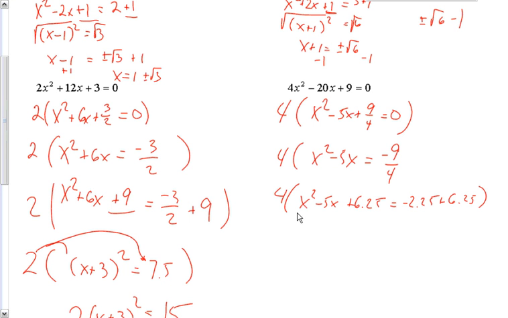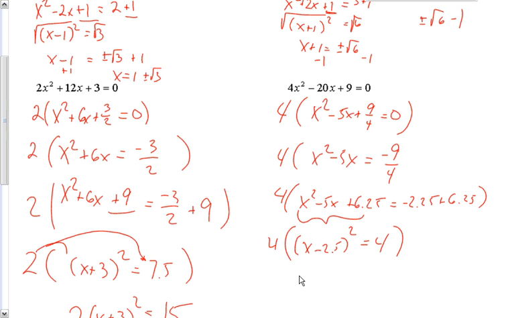All right, this factors. Now people are like, oh, I don't know what it factors to. That's actually pretty easy. It's just half of the b term, so x minus 2.5 quantity squared equals, over here, just 4.